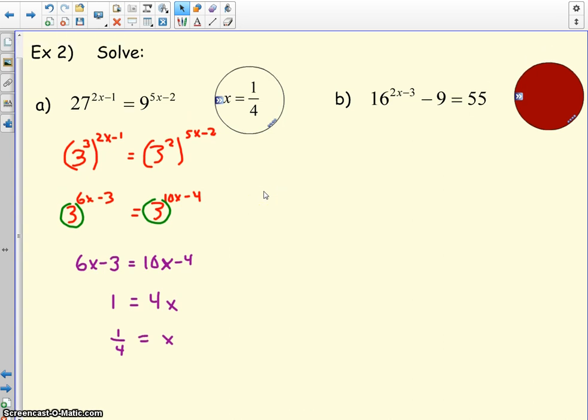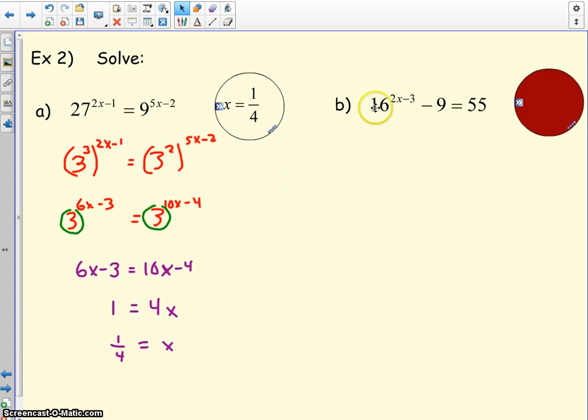Okay, so looking at B, the problem here is I have 16, I have 9, I have 55. Again, I can't express all those as the same power right now, but I also don't have single powers on each side. I have this minus 9 sticking around here. So the first thing I'm going to want to do is move everything as much as I can over to the other side, so add 9 to both sides of the equation.